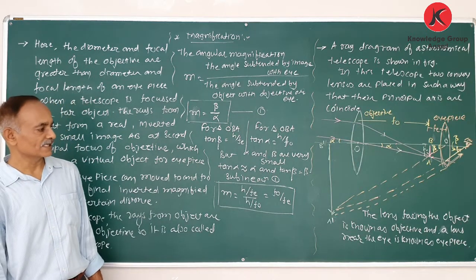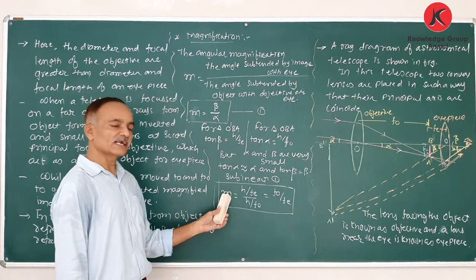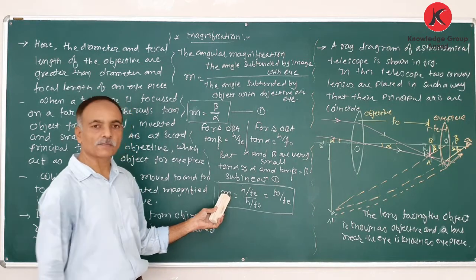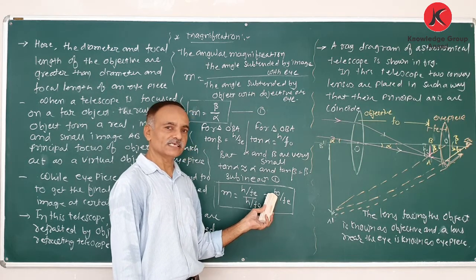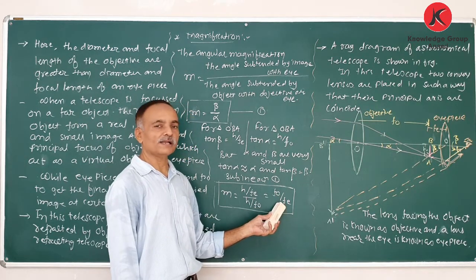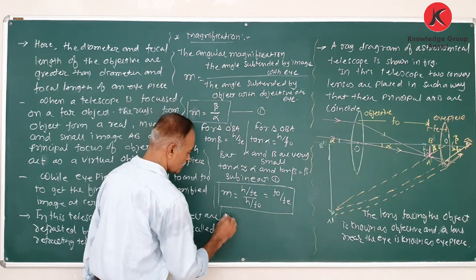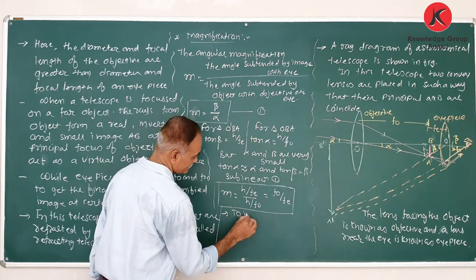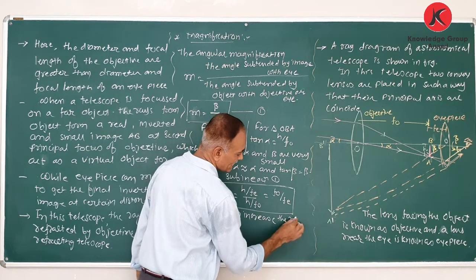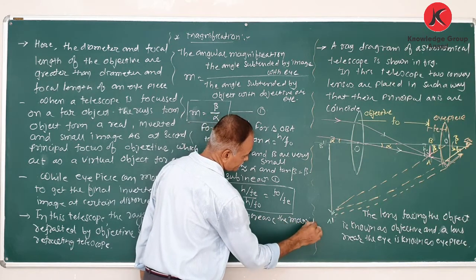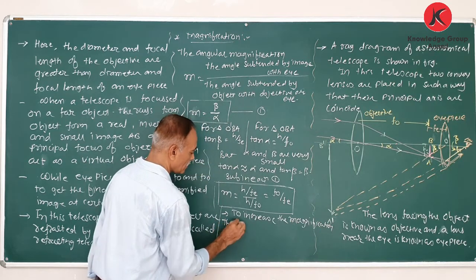Now, from this equation, we can say that to increase the magnification of a telescope, the focal length of the objective must be increased, or the focal length of the eyepiece must be reduced.